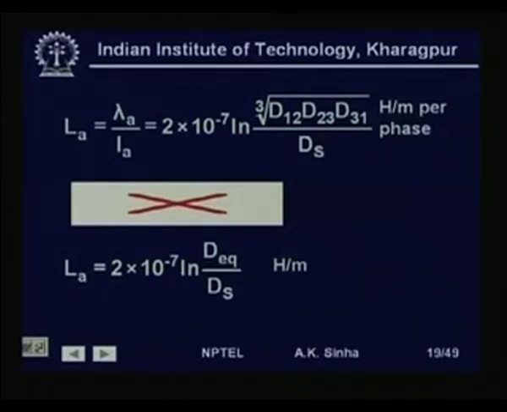So, here if we use this transposed system, then we have the inductance of any phase. Here we are writing for phase A: inductance L_A is equal to lambda_A by I_A, which is equal to 2 into 10 to the power minus 7 ln of the cube root of d12, d23 and d31, divided by Ds.